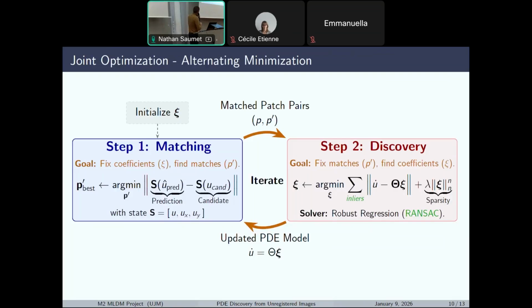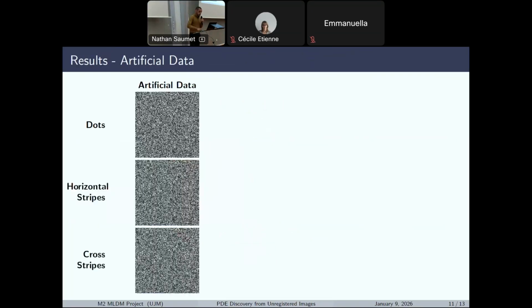We find matches that are coherent with this physical equation. And then once you have those pairs, you can perform some PDE discovery methods, such as the one I talked about earlier, SINDy, and perform a regression problem to find the coefficient xi of your PDE. And you iterate until convergence of your PDE.